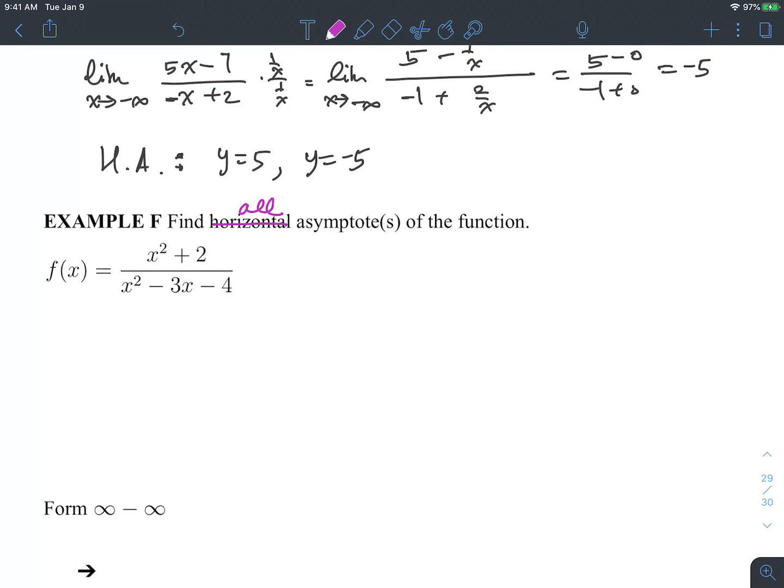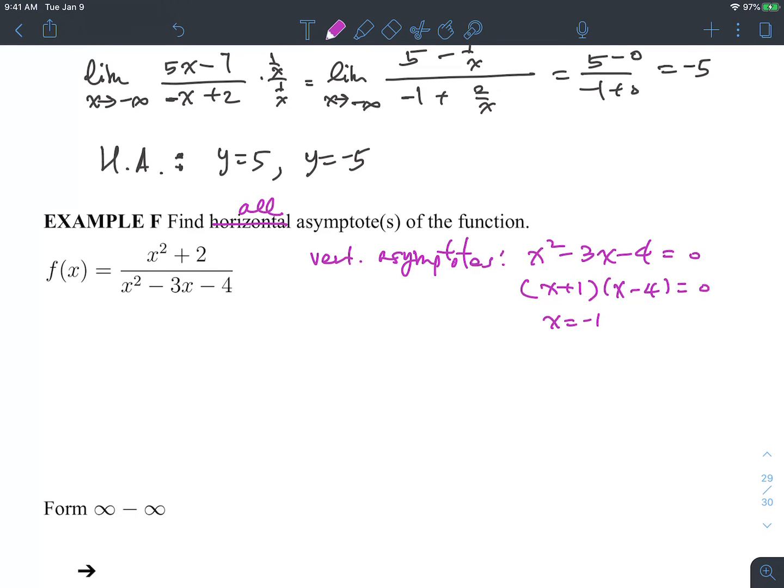Well, to find the vertical asymptotes, we set the denominator equal to 0. And that is, if I'm not mistaken, x plus 1 times x minus 4. Hence, x is negative 1 and x is 4. Those are the vertical asymptotes. What's the horizontal asymptote?